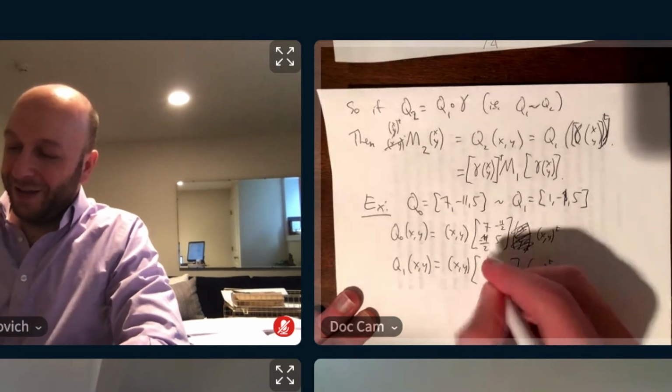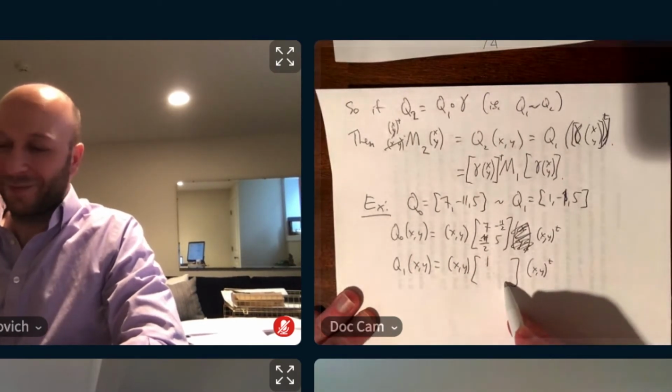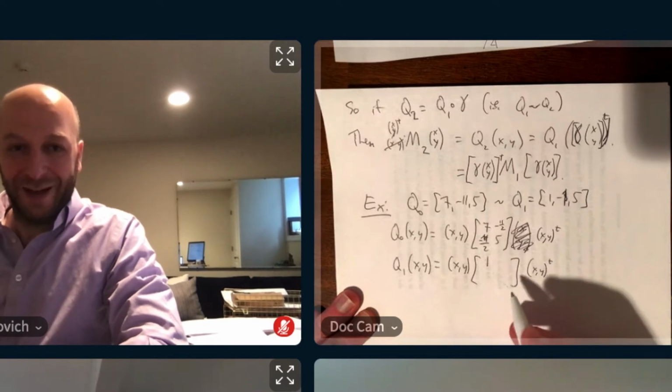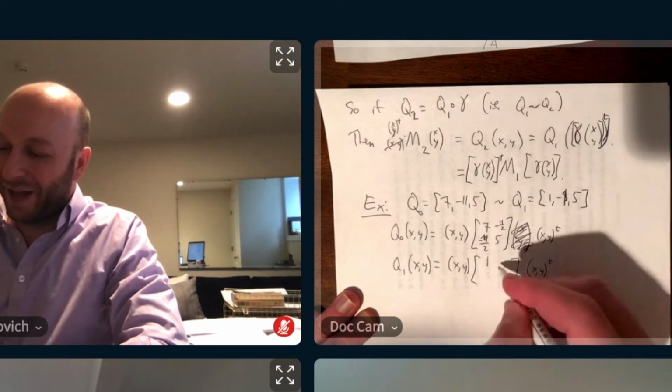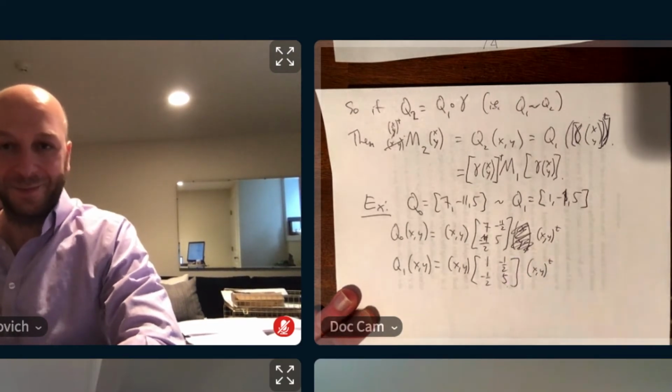Yes, thank you, Ray. And how about the 2-2 entry? 5, yes. And Sheik sees the negative halves on the off diagonals. Perfect. Everybody sees that, right?